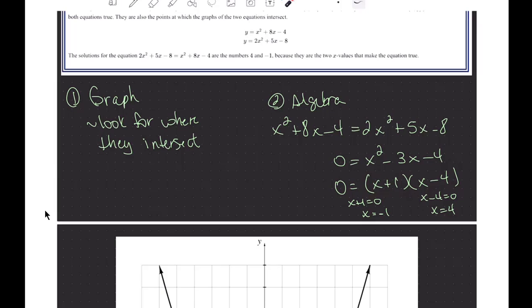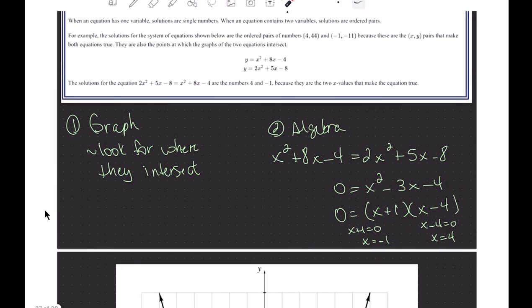Anybody plug it in and come up with anything? Oh, if I did the top one and I did my negative one, I'd get what? 1 minus 8 minus 4. So that's going to give me what? Negative 11? Maybe, right?